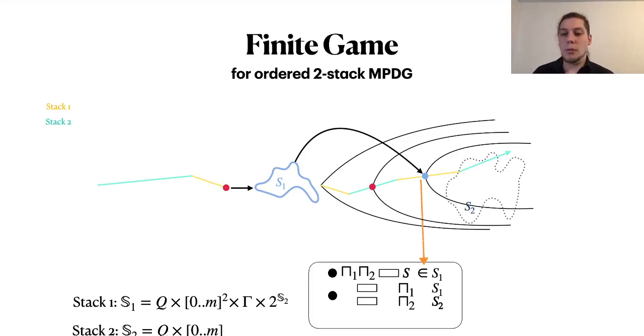So she would actually have proposed this set S2, because there might have been a play where this pop on stack 1 would not have happened, and we have another way of popping stack 2. However, in our summary, we have the smaller set, right? Where we fixed already the play up to the pop on stack 1. So what we want to check instead is whether there is a summary where the set of summaries for stack 2 is included in this set S2.